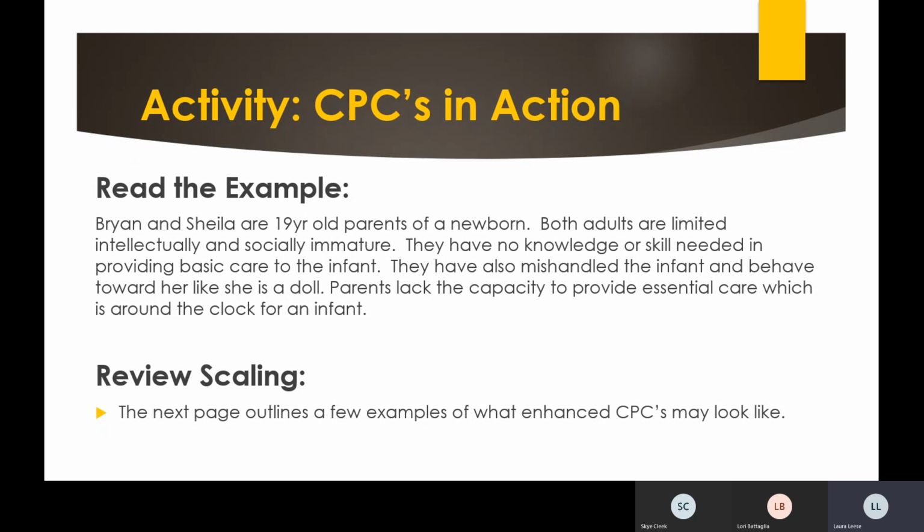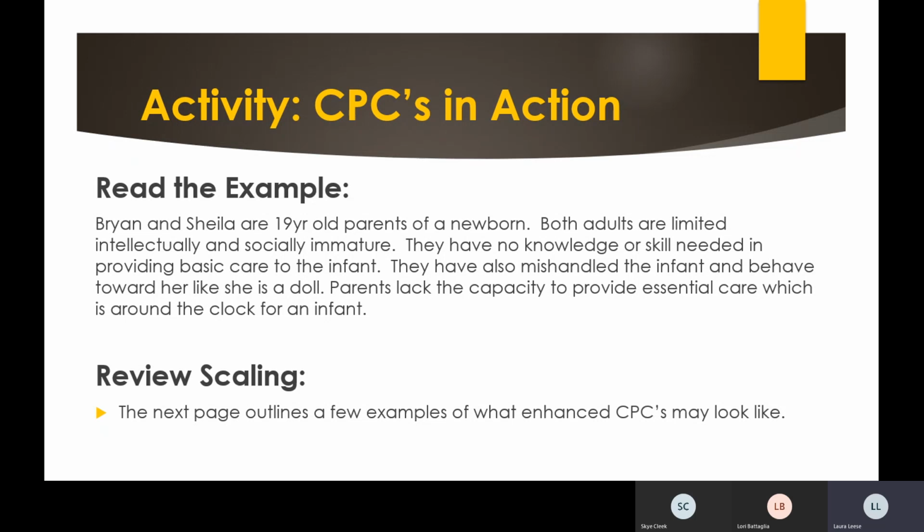And are they aligned to the child? All right, let's look at this example again. They're 19, they're limited intellectually, socially immature, no knowledge or skill, mishandled the infant, behaved toward her like she is a doll, lack the capacity to provide essential care that is around the clock for an infant.